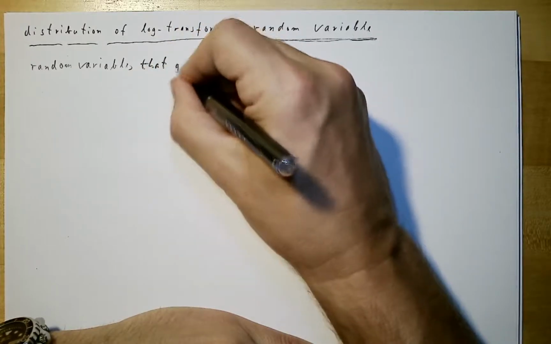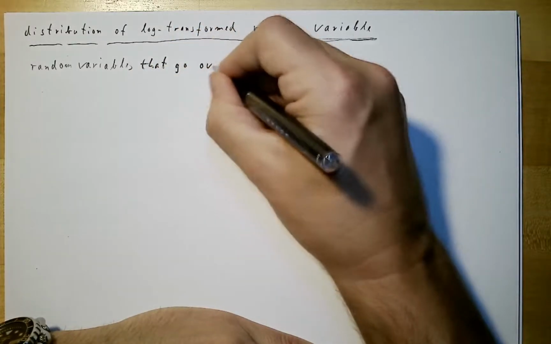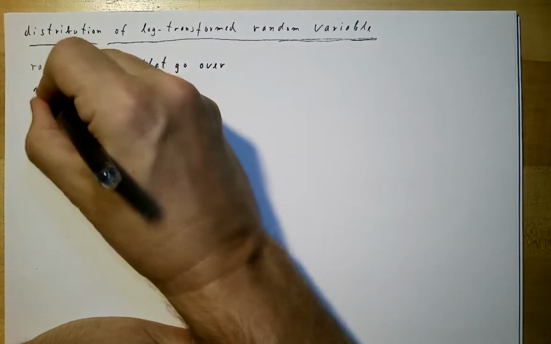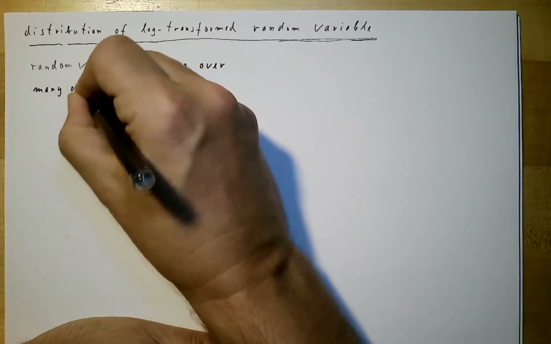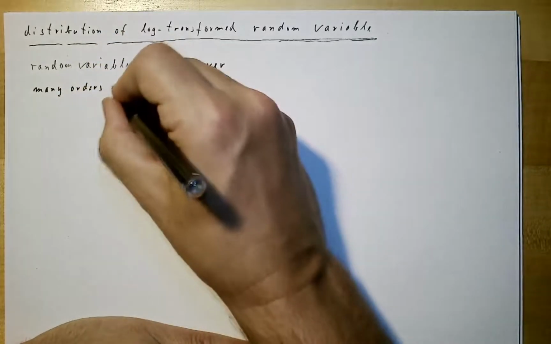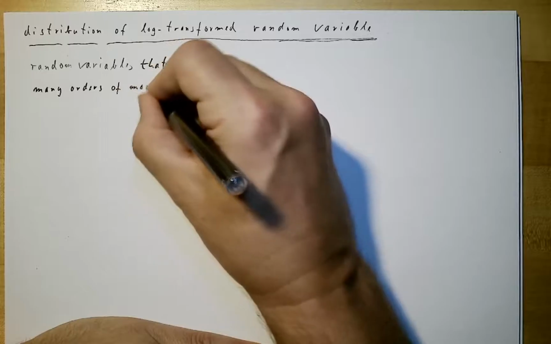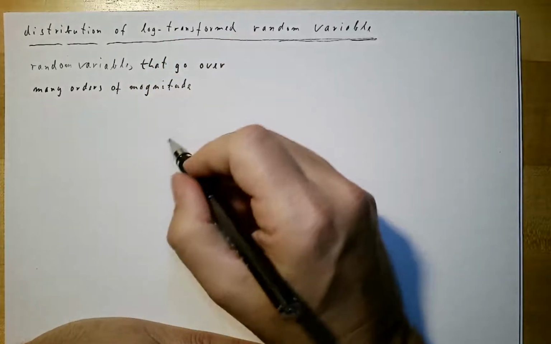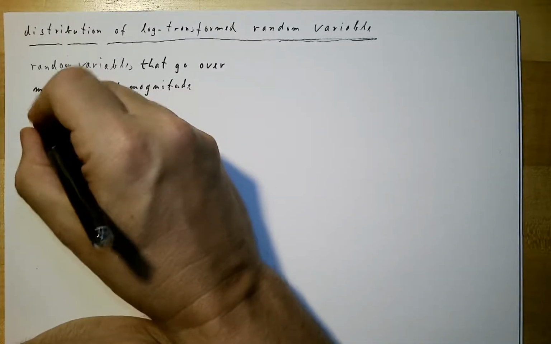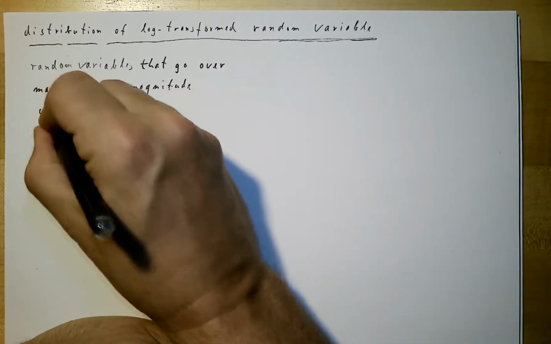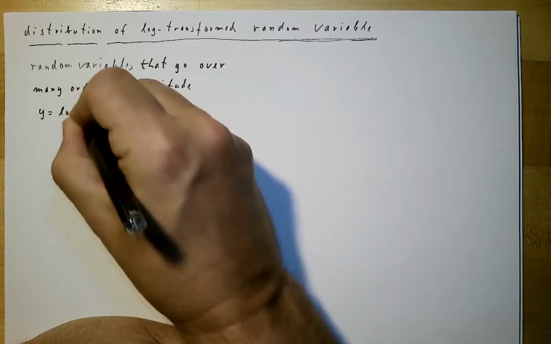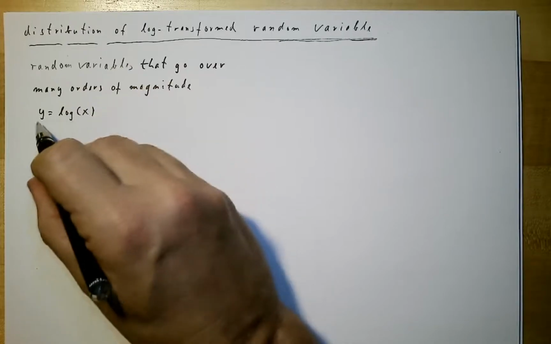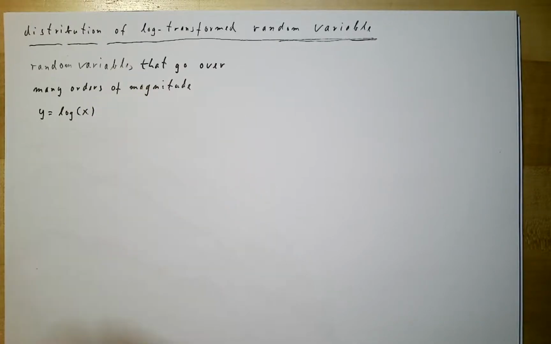And then it sometimes makes sense to look at new variables y, which are just log transformed variables of x. And then this y doesn't scatter so much.